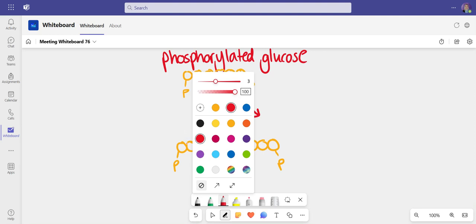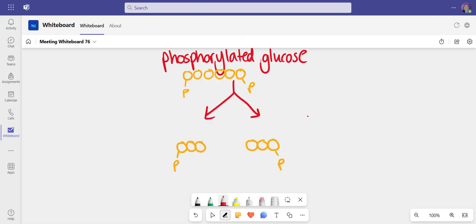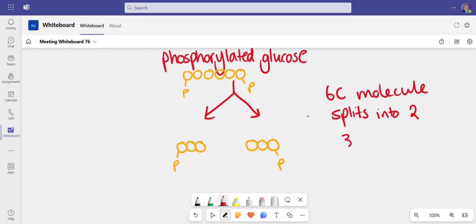Okay, now this process here, you can just say that a 6-carbon molecule splits into 2 3-carbon molecules. If you want names for those molecules, we usually call them triose phosphate.